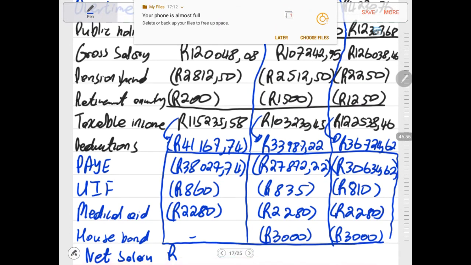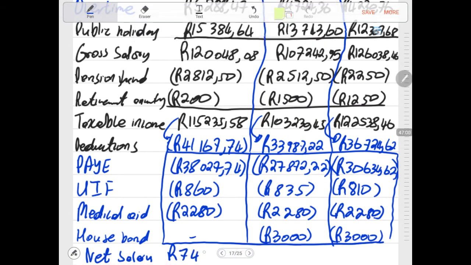Then now we have our net salary, which is 74,067.84. The second one is 69,243.23.